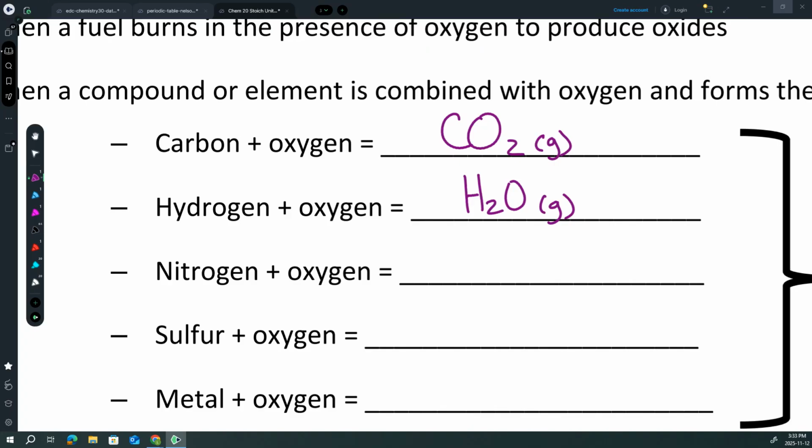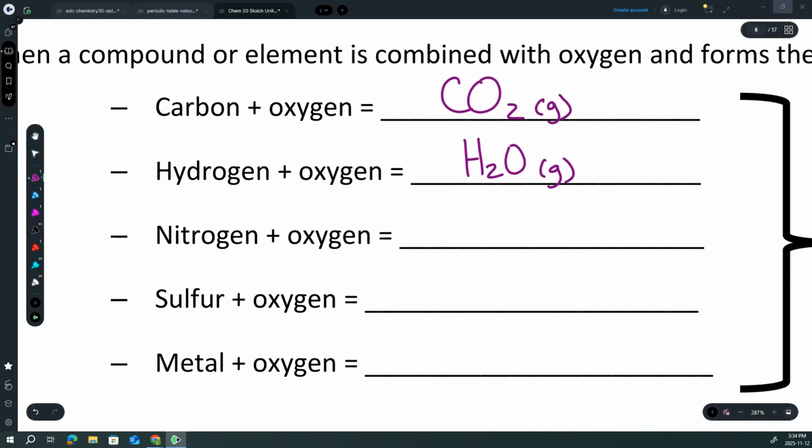Like I said, the only combustion reaction that typically is not hot enough to have water in the gaseous state would be photosynthesis. If nitrogen and oxygen react together in a combustion reaction, the most common oxide is nitrogen dioxide.